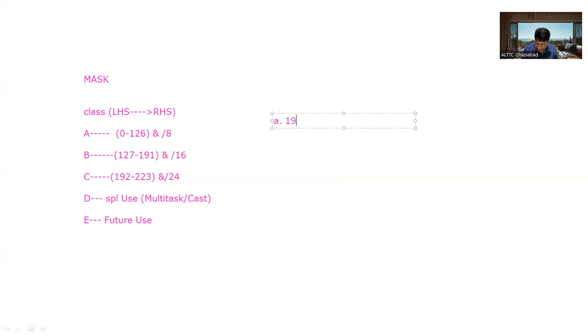Option A, suppose the IP address is 192.168.5.4/24. Option B, 192.168.5.4/16. Option C, 0.0.0.5/10. Option D, 173.25.64.5/16.